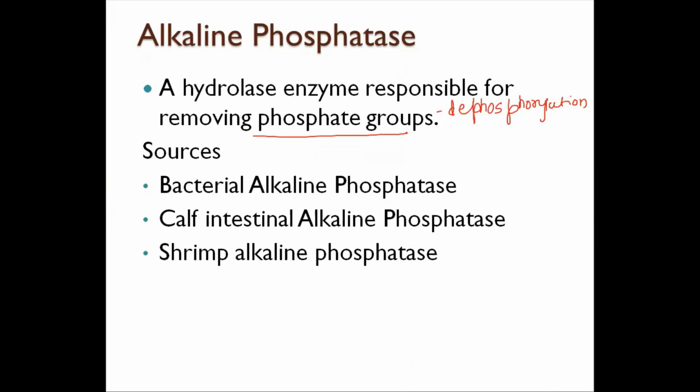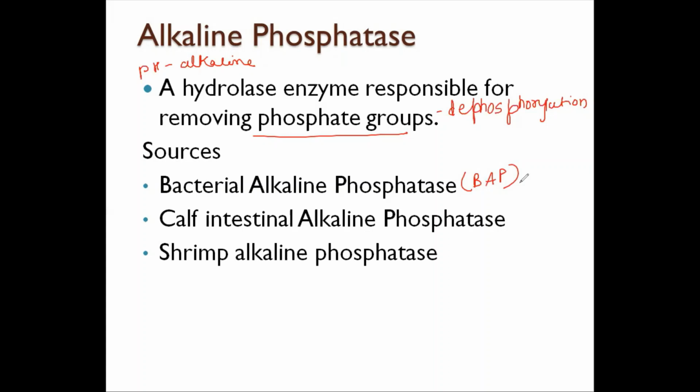It is called alkaline phosphatase because it works at an alkaline pH and removes phosphate groups. Now, where is alkaline phosphatase obtained from? One source is bacterial alkaline phosphatase, or BAP.